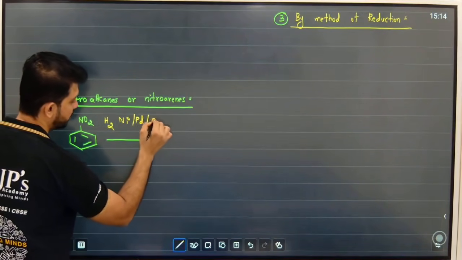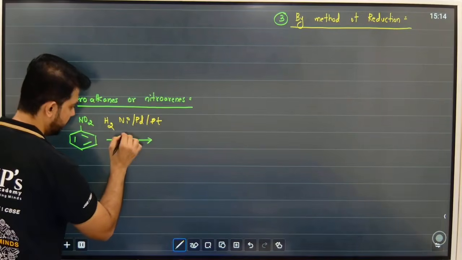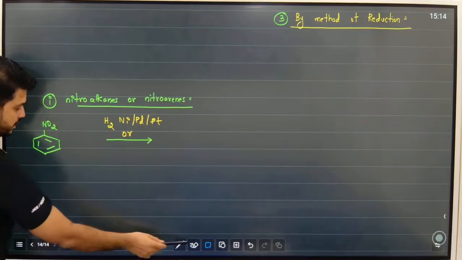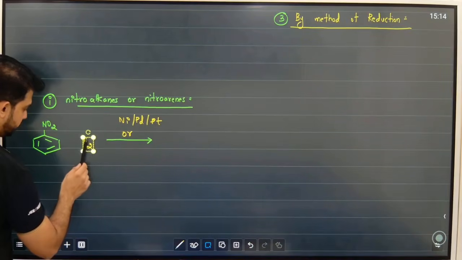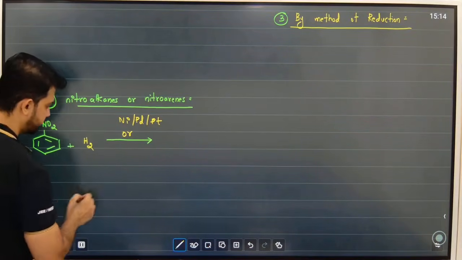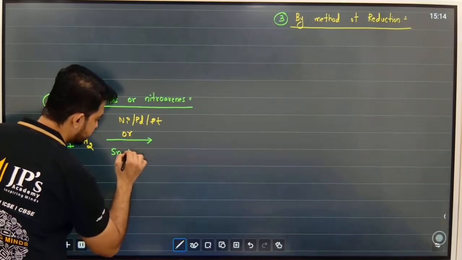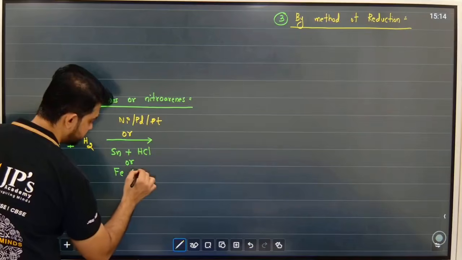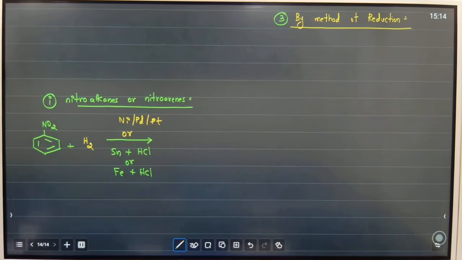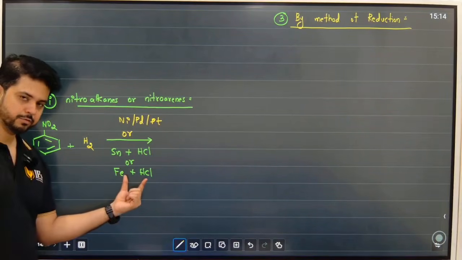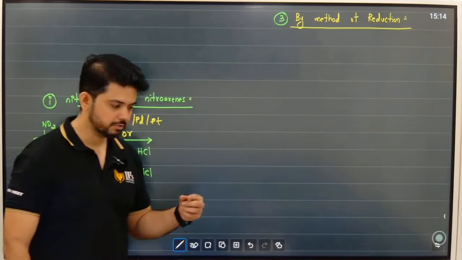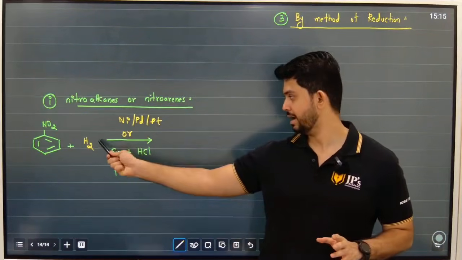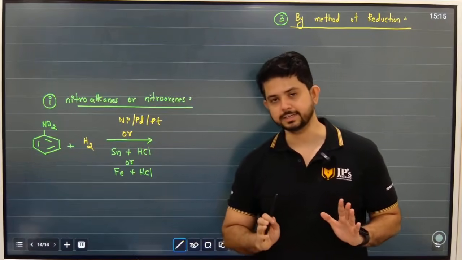palladium and platinum, or, students, a better reducing agent that we can use here, which is tin scraps plus HCl or iron scraps plus HCl. Now the benefit of using this, students, is we get FeCl2 when this reaction happens, and hydrogen, which is required for the catalytic reduction.